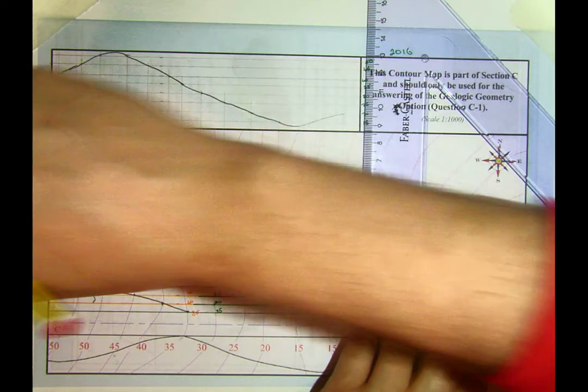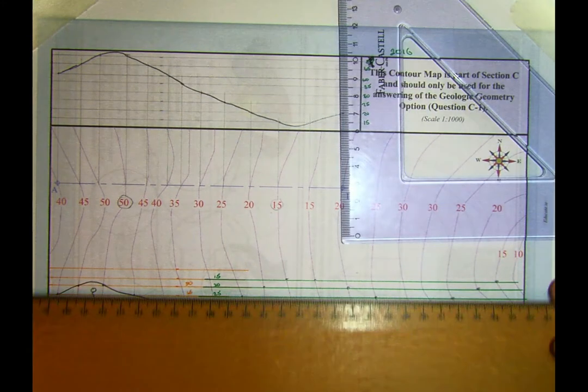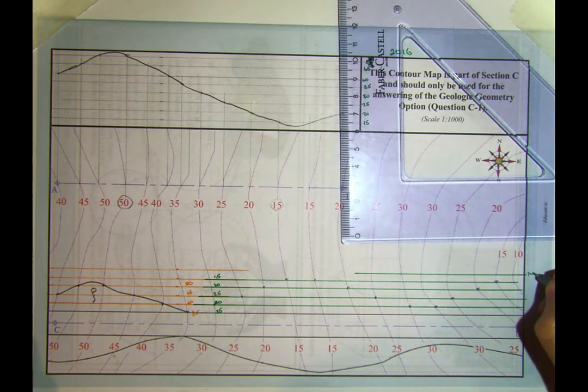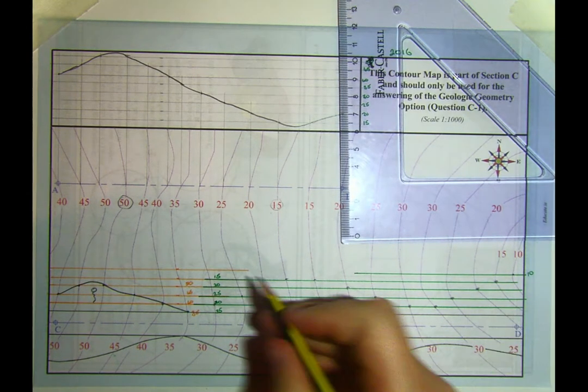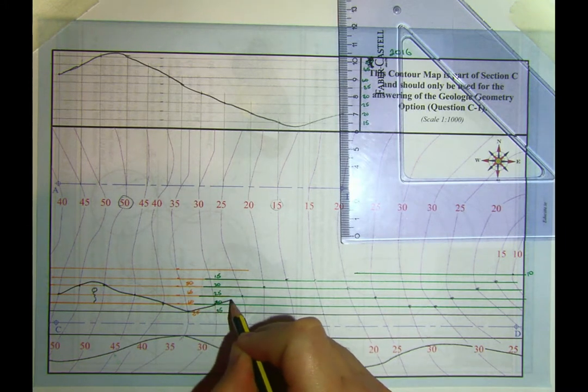So we just need to go out one more. So that there is 10 meters, and that is at this point here. So our embankment is going to look something like this.